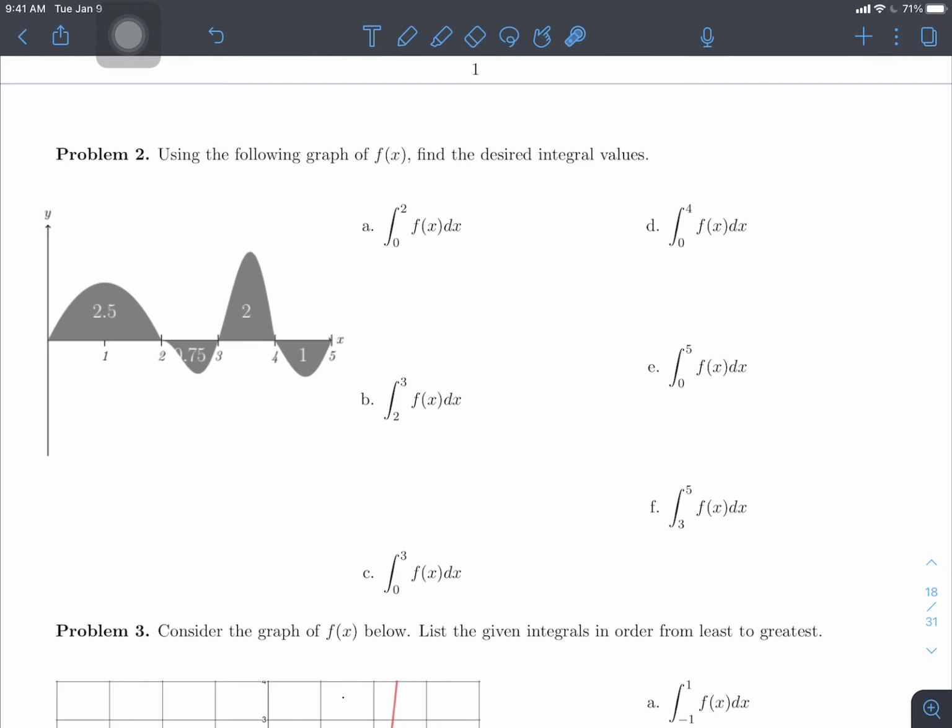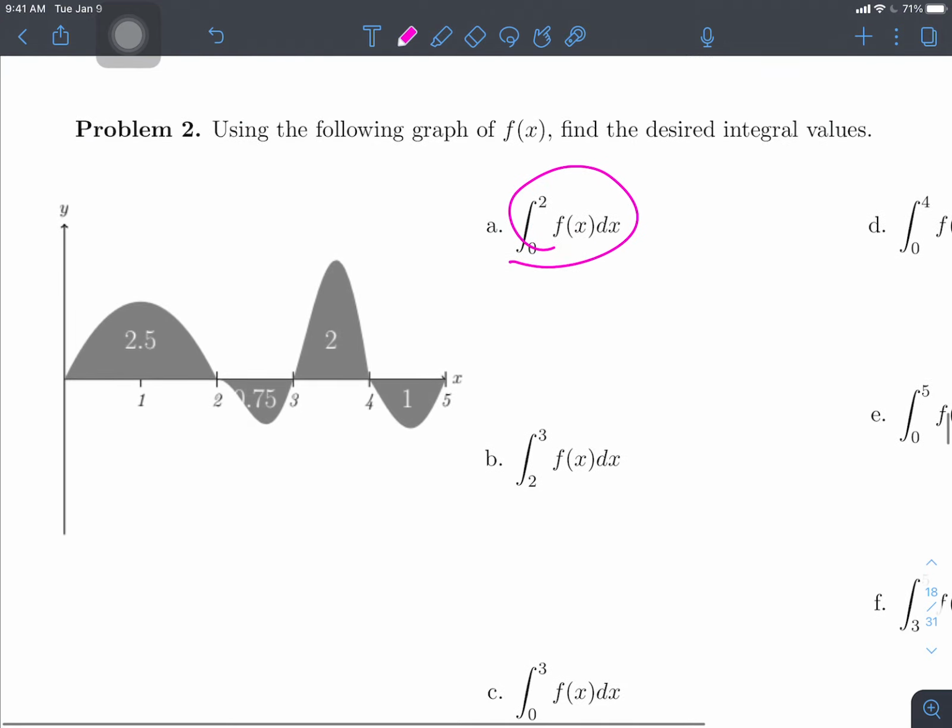So let's start with the first one. I want to do the integral from 0 to 2. So my bounds of integration go from 0 to 2. So I want to find the area above the x-axis minus the area beneath the x-axis when I consider the function over this small interval. So for this example, for the bounds of integration which we have in part A, there's no part of the function which goes beneath the x-axis.